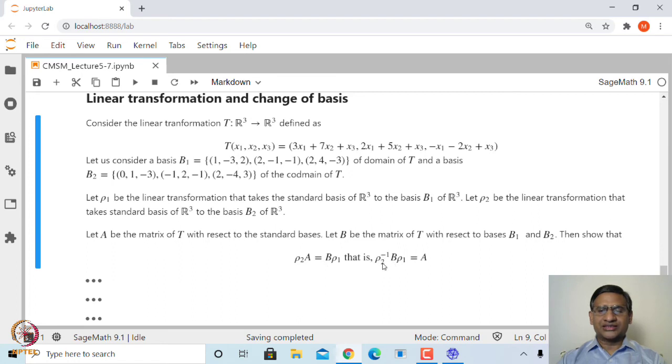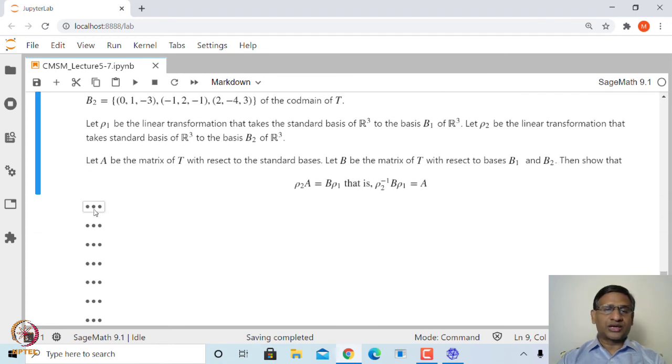In particular, you can write this as rho 2 inverse times B times rho 1 equals A. In this case, if you have two matrices A and B which are related by this relation, we say that A and B are similar matrices. So the matrices of T with respect to different bases are similar matrices. That's what we are proving. Okay, so let us work this out.